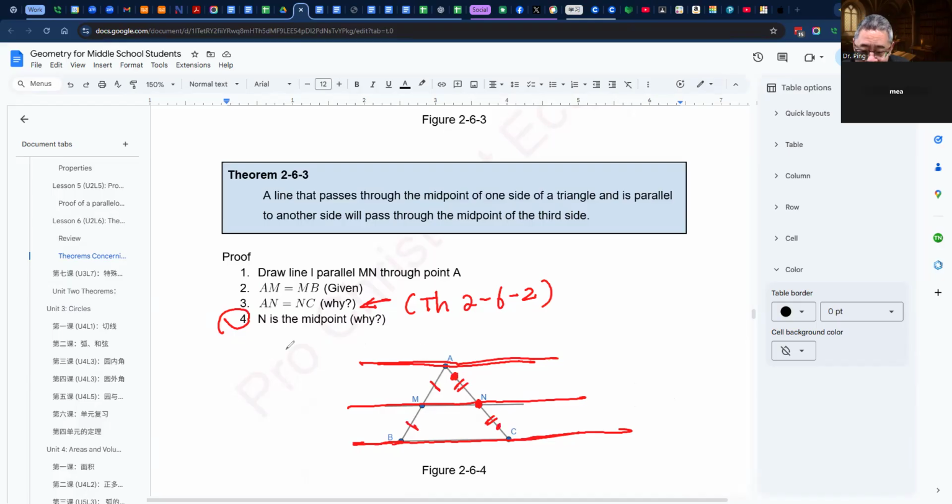So the reason for this is the definition of midpoint. The definition of midpoint is that this side is equal to the other side. We already proved that AN is equal to NC, so therefore N has to be a midpoint. In geometry, we call this the definition. N meets that definition, so N is a midpoint. Good?